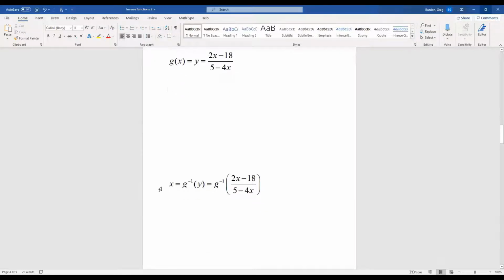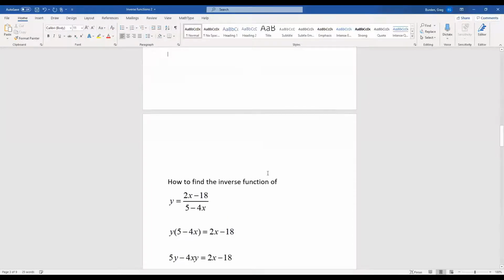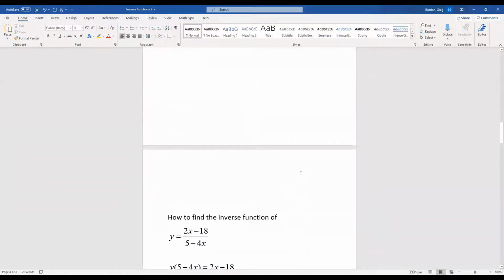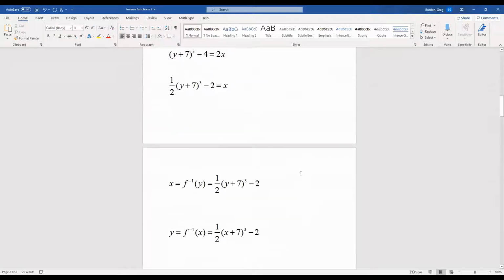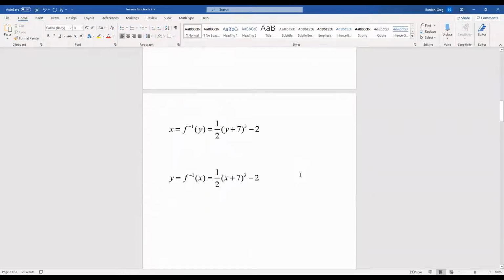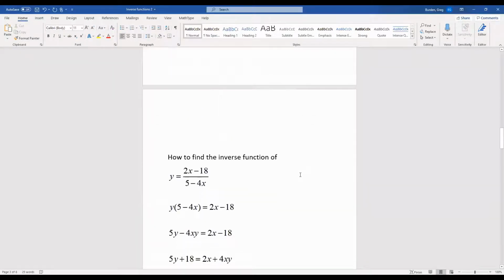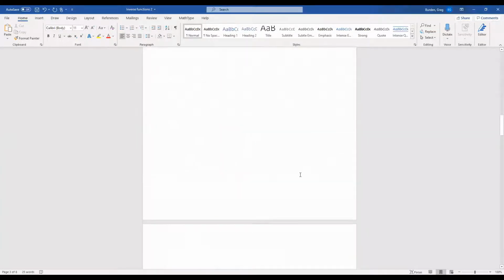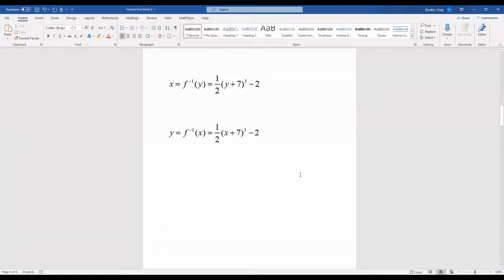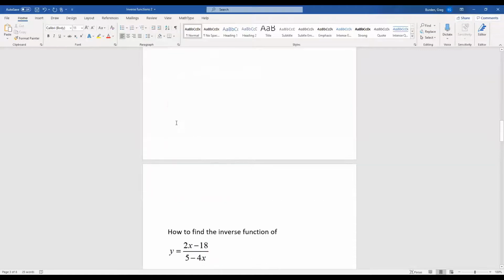Now, I think I'll actually just get rid of this. I was going to talk about that, but I don't think it's going to add much to our conversation, so I'll get rid of that. The box was just there. How to find the inverse function of y equals... so I was calling it g. It seems to have disappeared.